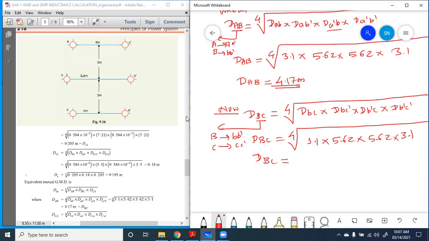Put the values and solve in calculator. The answer becomes again 4.7 meter.